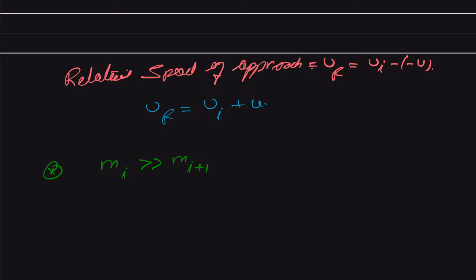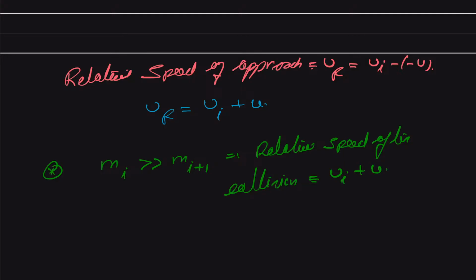Therefore after collision they will be leaving with the same relative speed. So the relative speed after collision will be Vi plus V.